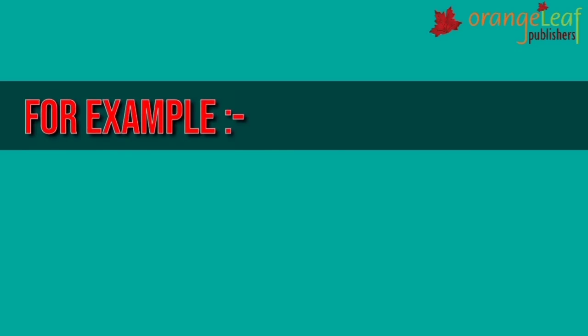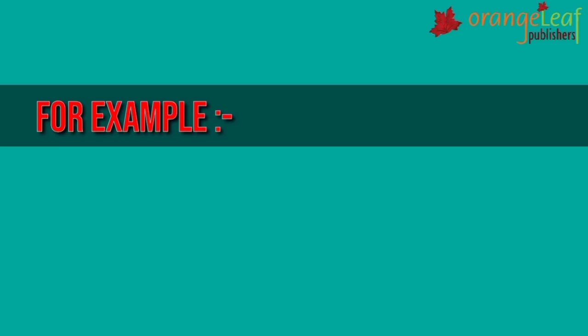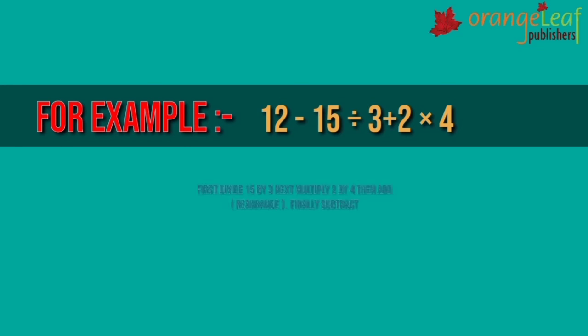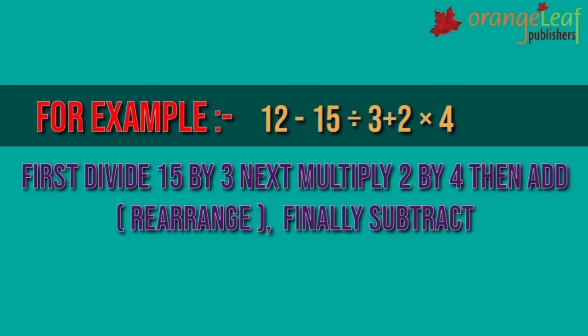For example, let us take 12 minus 15 divided by 3 plus 2 into 4. First divide 15 by 3. Next multiply 2 by 4. Then add, then finally subtract.